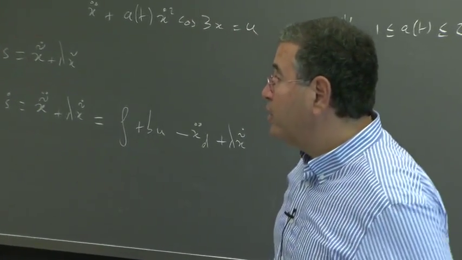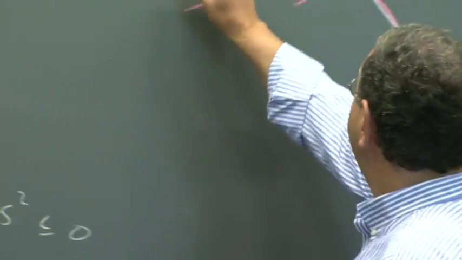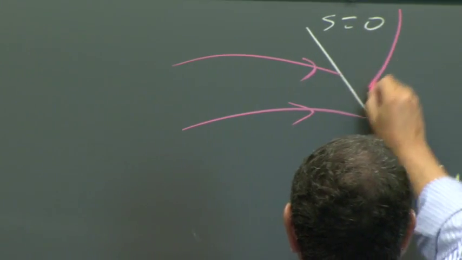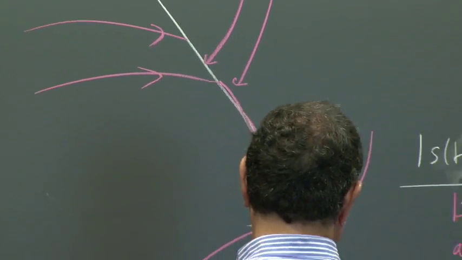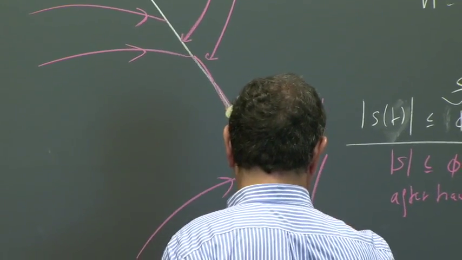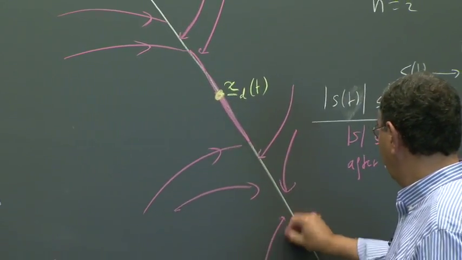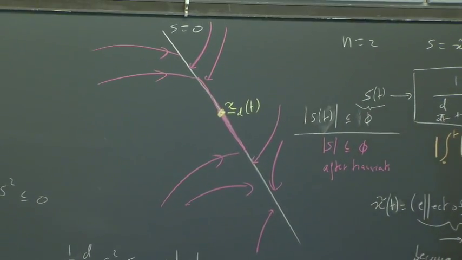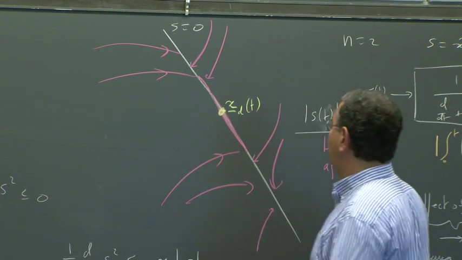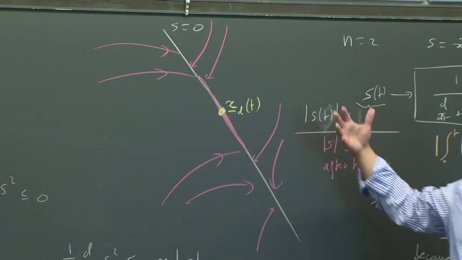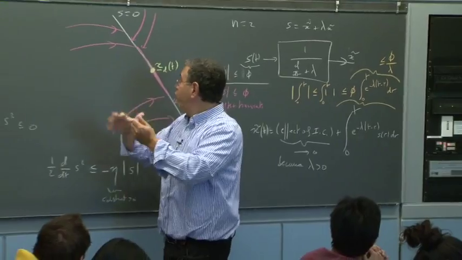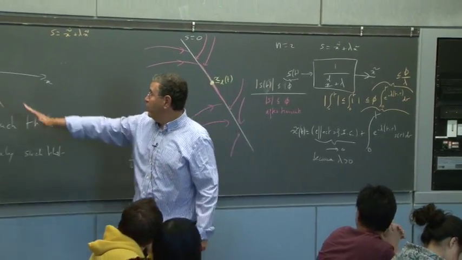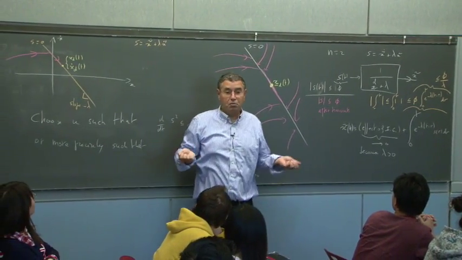Now, what else does this imply? Well, so from here we reach it in finite time, and from there we reach it in finite time, and from here we reach it in finite time, and so on, right? So you see that you start from some initial condition, you reach this hypersurface in finite time, or in the case n equal to 2, this line in finite time.